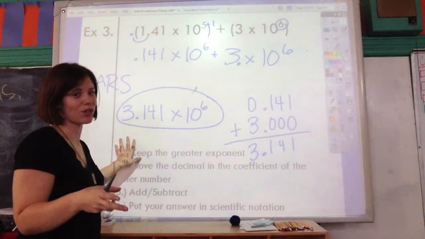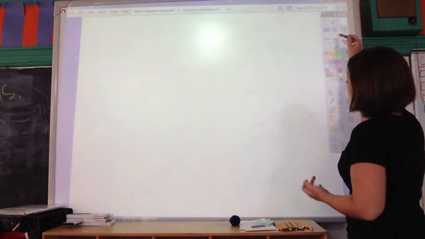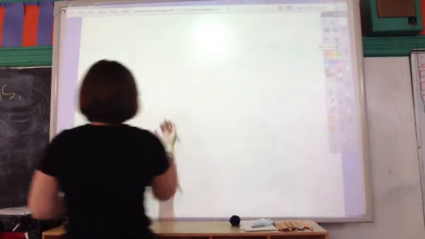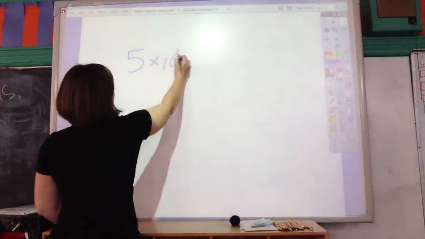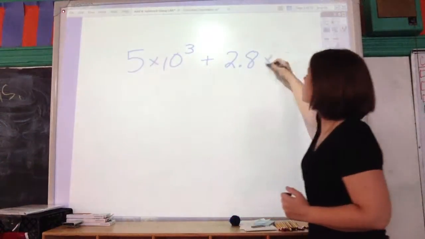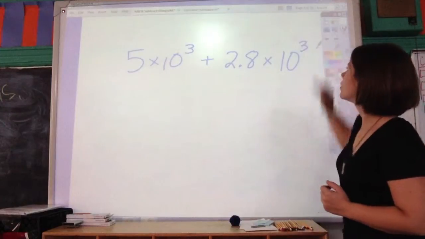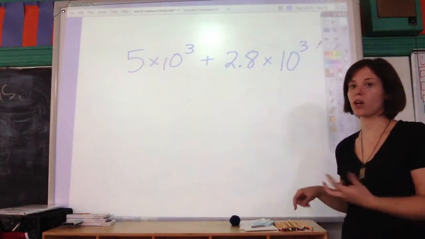The last thing I want to show you is what do you do if your exponents are the same? This is actually super easy because this is what we've been doing all along. If I have 5 times 10 to the third plus 2.8 times 10 to the third, the first thing I was asking you to do was look at your exponents and keep the greater one.